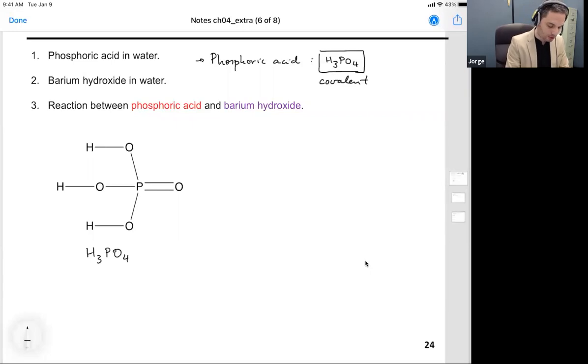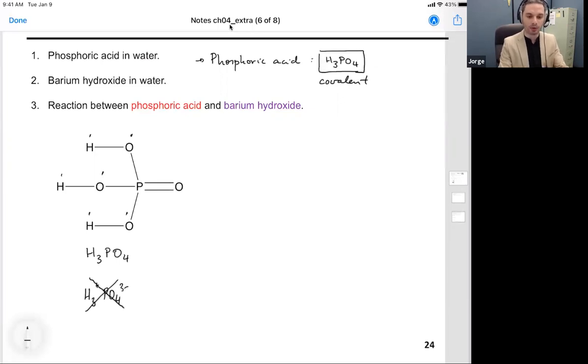Notice here that we have hydrogens bonded to oxygens in three different positions, and that's the meaning of the H3PO4 formula. We have hydrogens bonded to oxygens, okay? This is not an ionic compound. H3PO4 doesn't mean that we have this sort of formula. This is not an ionic compound.